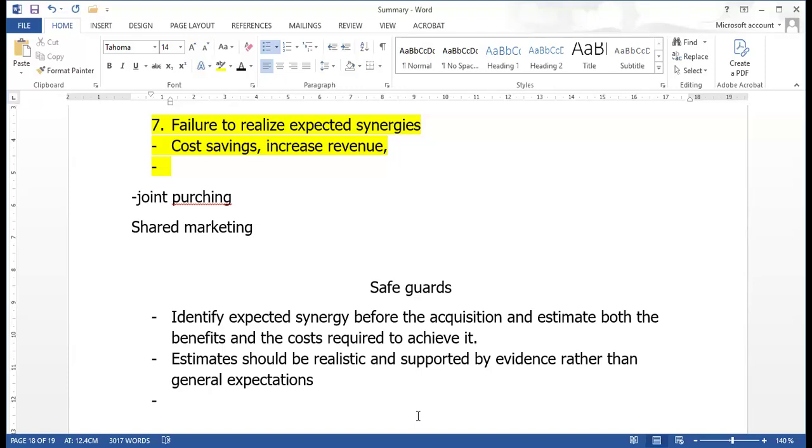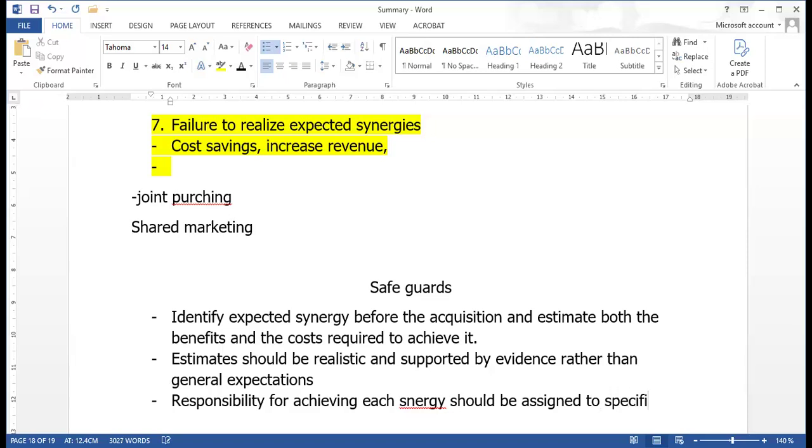So the responsibility for achieving each synergy should be assigned to specific managers or specific workers with clear deadlines and performance measures.